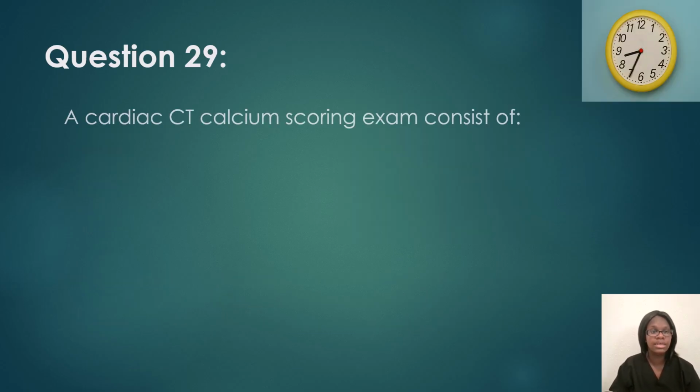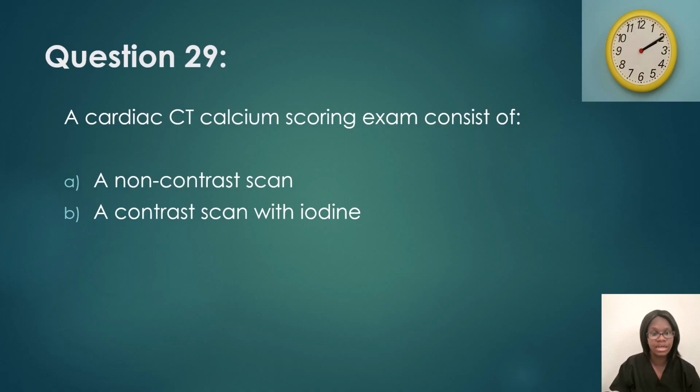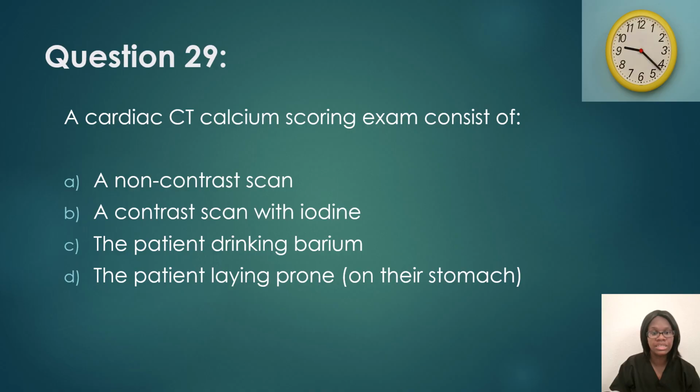Question 29. A cardiac CT calcium scoring exam consists of A, a non-contrast scan. B, a contrast scan with iodine. C, the patient drinking Valium. D, the patient laying prone on their stomach.